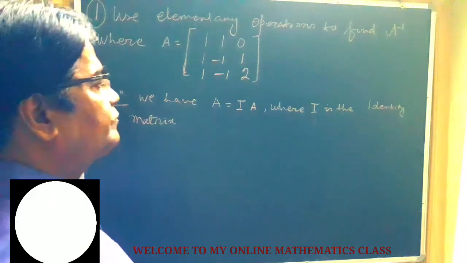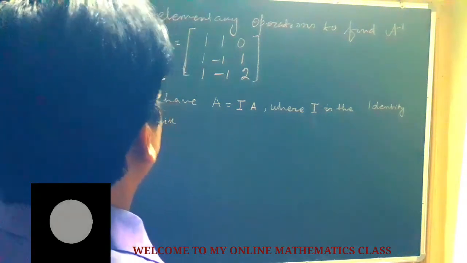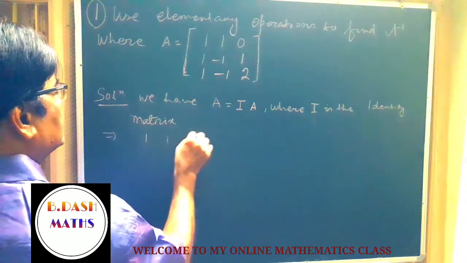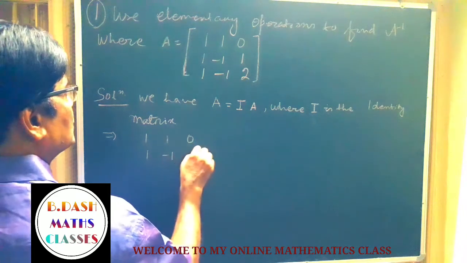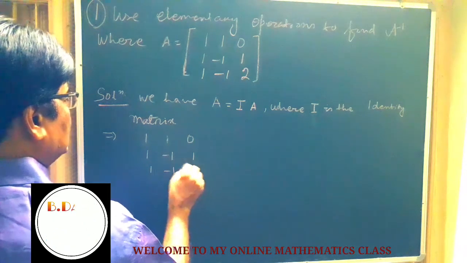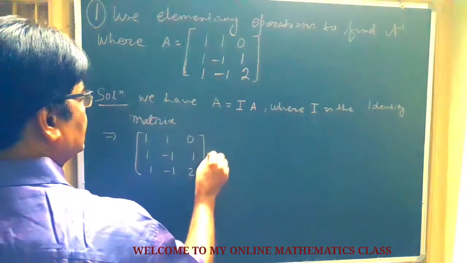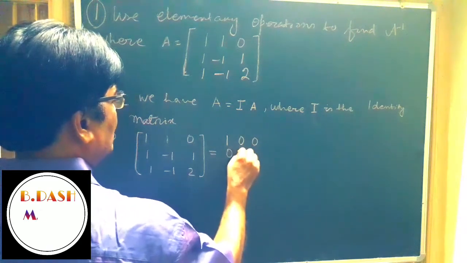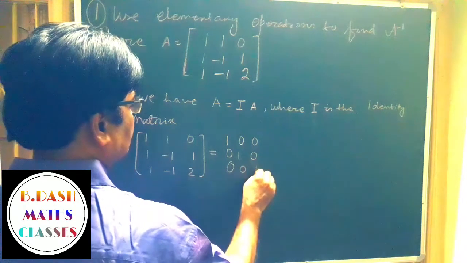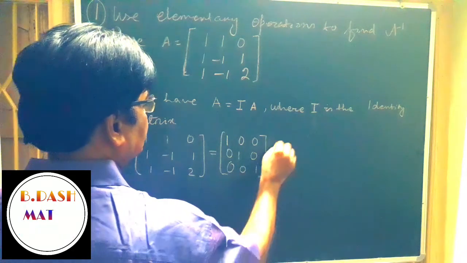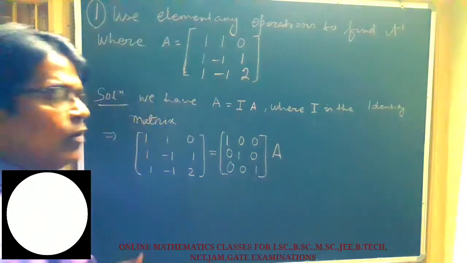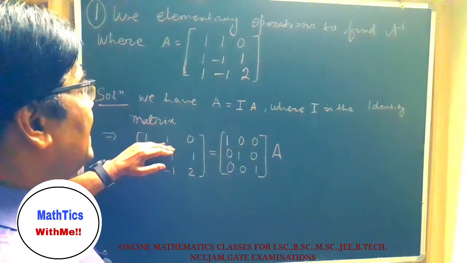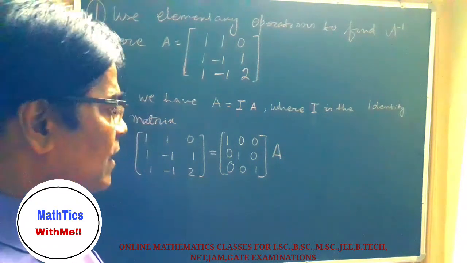This implies [1, 1, 0; 1, -1, 1; 1, -1, 2] equals [1, 0, 0; 0, 1, 0; 0, 0, 1], the identity matrix, into A. So now our aim is to convert this one to the identity matrix by applying elementary operations.